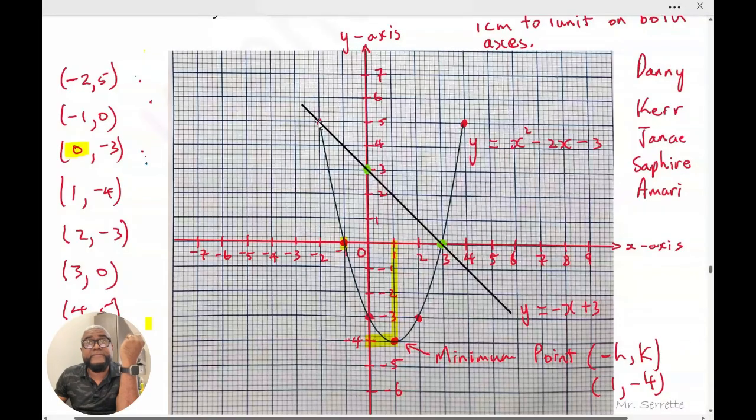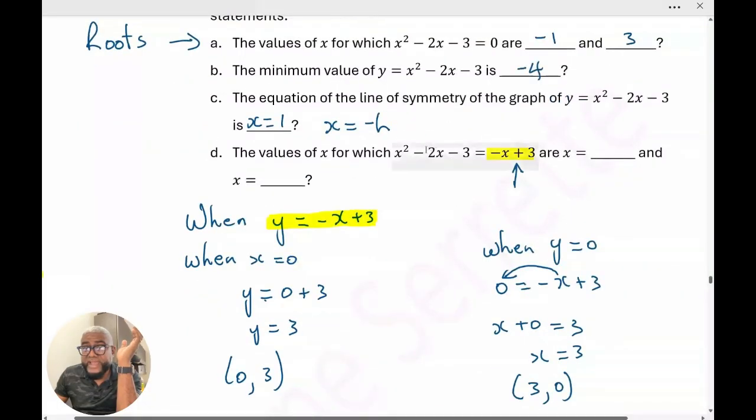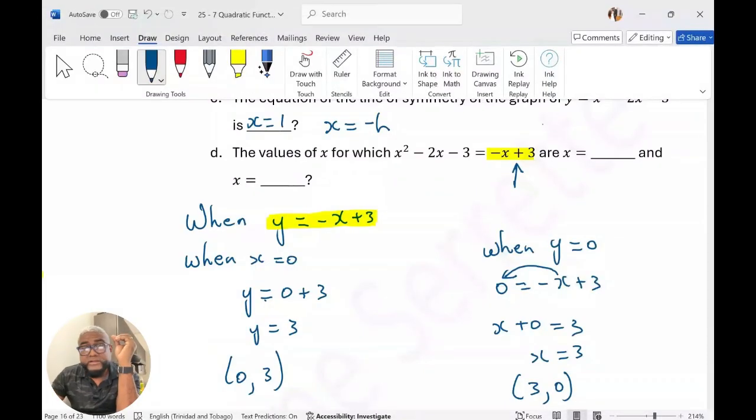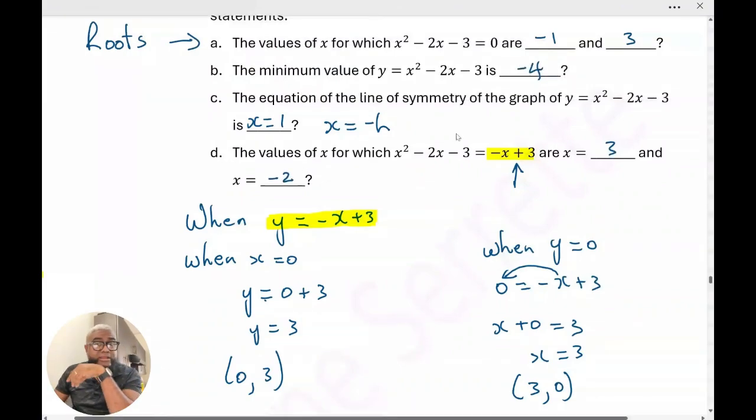Minus 5, no? Minus 2, the value of x. Very good. Minus 2. So this question is simply asking for the values of x where the curve and this line, negative x plus 3, meet. We want the values of x. Those values of x would be 3 and negative 2.